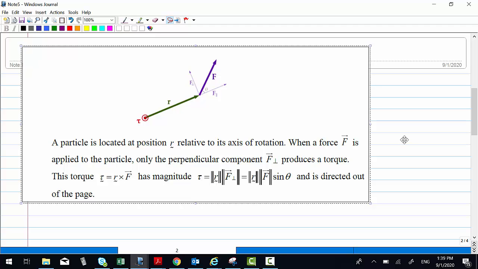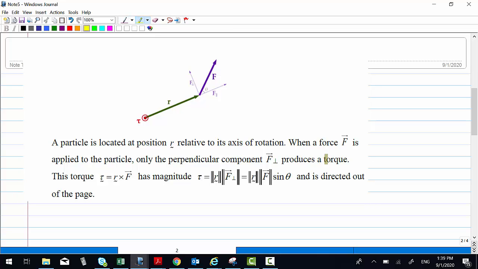You can find the information required in the notes. And this moment of the force acting on a point about a fixed point is called the torque, which is a vector. Torque is equal to r cross F. Because this is a vector product, you know the direction of r cross F is the vector perpendicular to r and perpendicular to F.